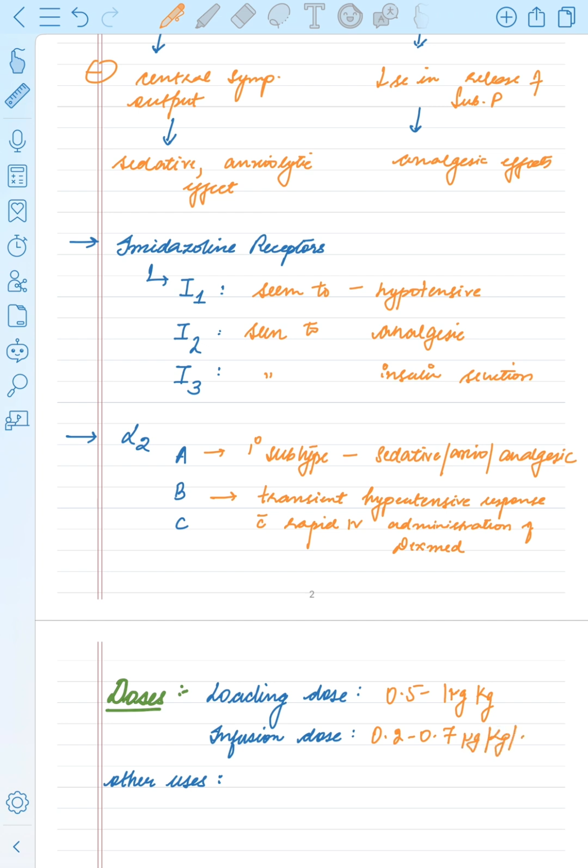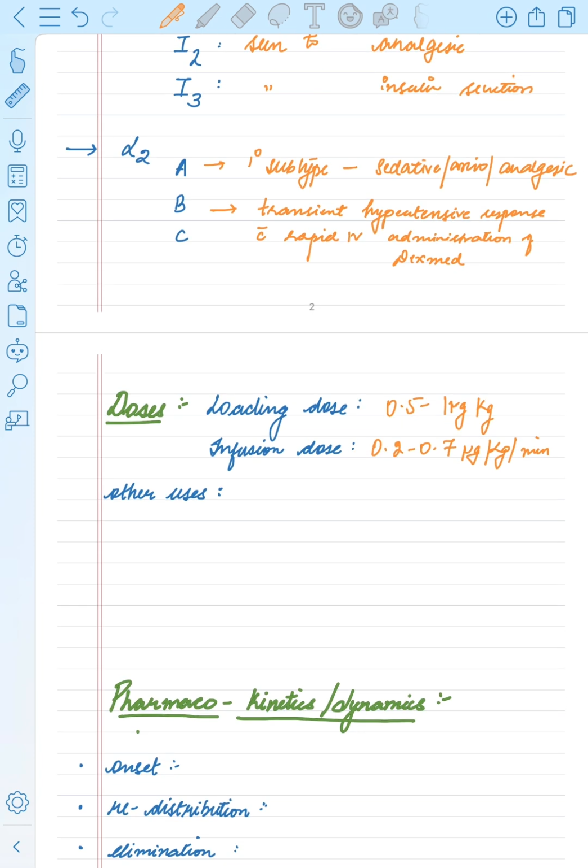Apart from its IV use, it is also used as an additive in regional anesthesia, as an additive to subarachnoid blocks, epidurals, and regional nerve blocks.